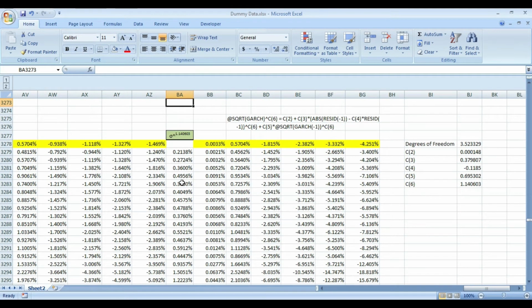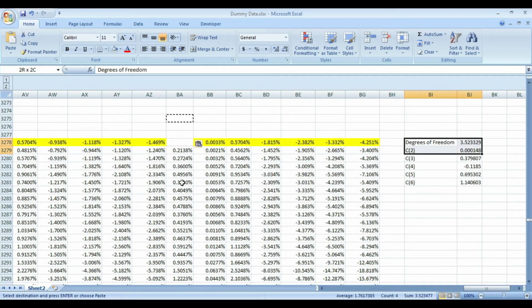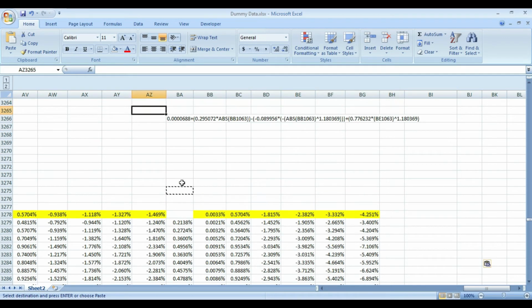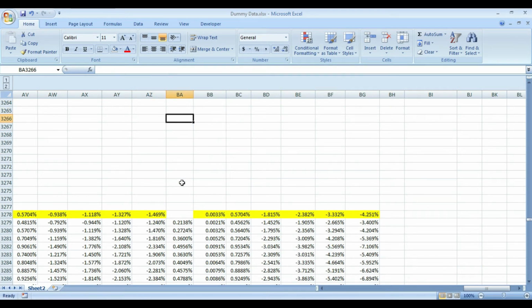So our estimation of value at risk through PARCH 1.1, assuming student's t distribution, is now complete. Now I'll simply delete all the equations, this thing, as well as all this. There is something written over here. I'll delete this as well.